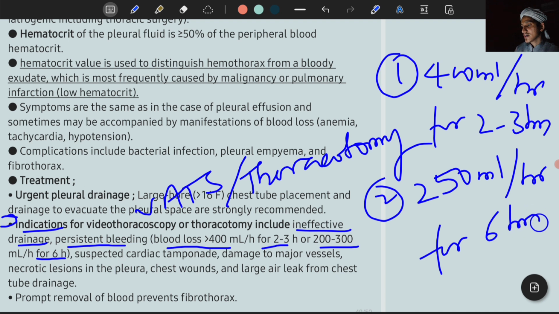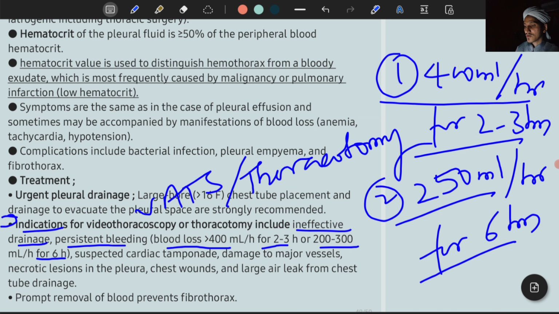So these are the criteria for video thoracoscopy or thoracotomy.